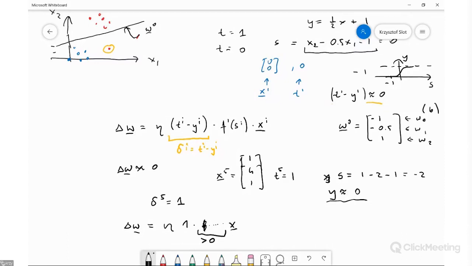So if a vector of this line is here, this is a vector w, and my x is here, this is my vector x5, observe that my update will be an update in this direction. So I will change the direction of this line. You can see that graphically, because my update will be a vector, so the new vector, vector number 6, will be vector number 5 plus this update.